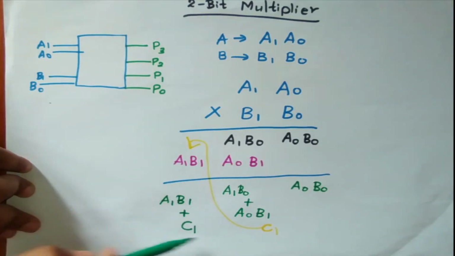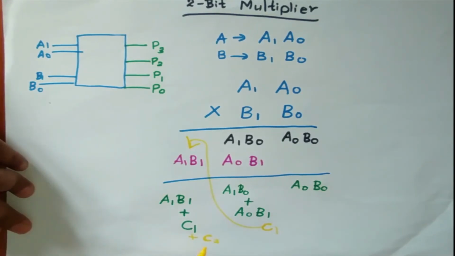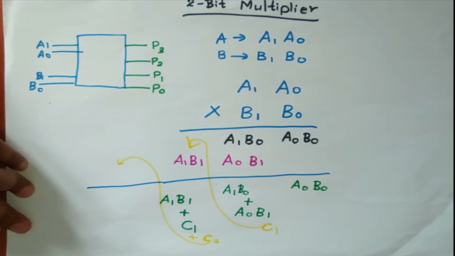So this is the summation for this row, and as we mentioned earlier, the 2-bit multiplier has an output with 4 bits. Let's get the 4th bit. As this is also a summation, there can be a carry out. So we name it as C2, and this C2 is coming as the 4th bit.